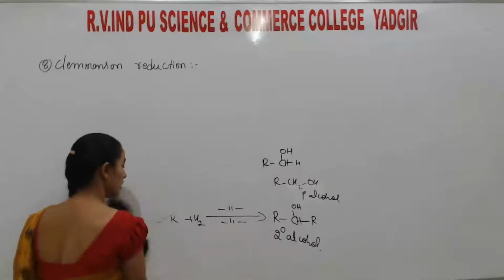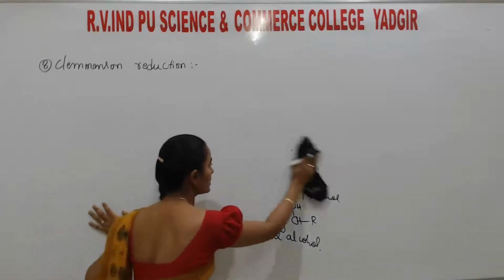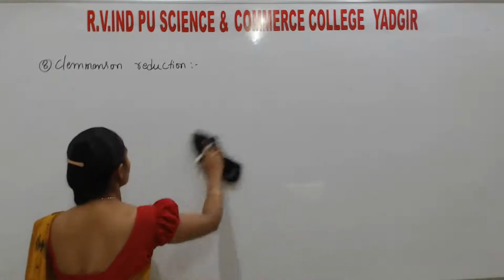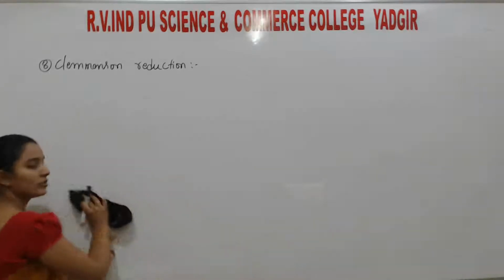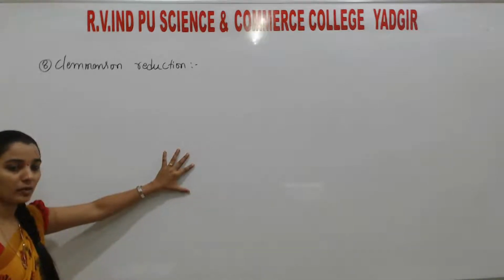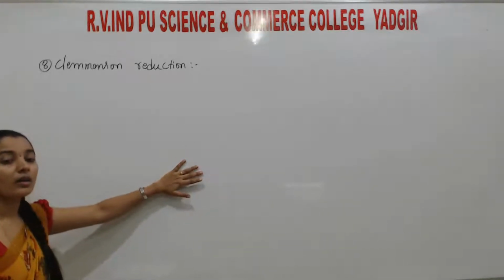Listen. If reduction happens to aldehydes and ketones in presence of platinum, lithium aluminum hydride and so on, the product formed is alcohols.